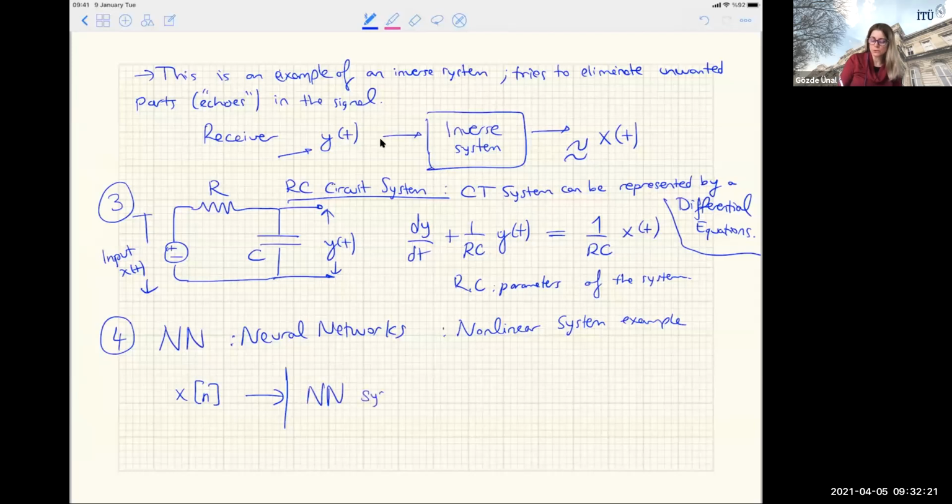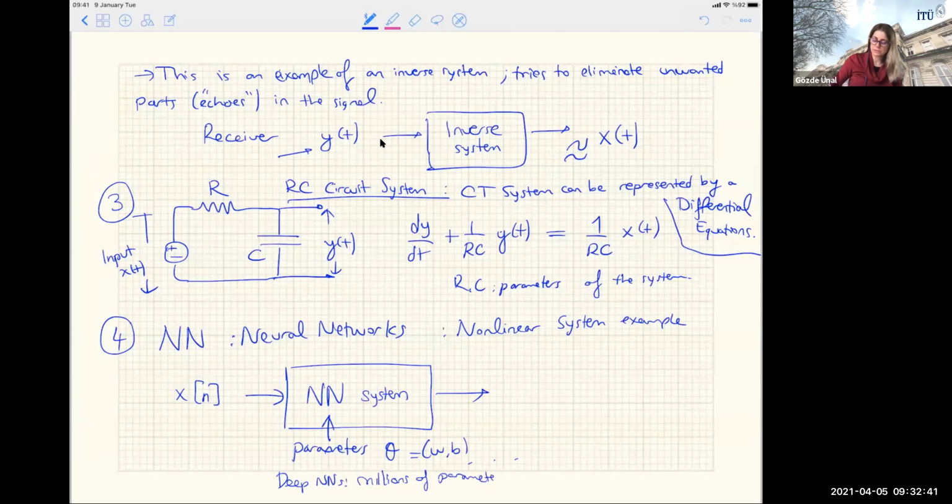So a neural network system has parameters. Let's say the most basic one is B, but actually we have millions of parameters in deep neural networks. We're trying to solve for them. The output is another discrete time signal, but the most basic is a combination of linear and nonlinear components.